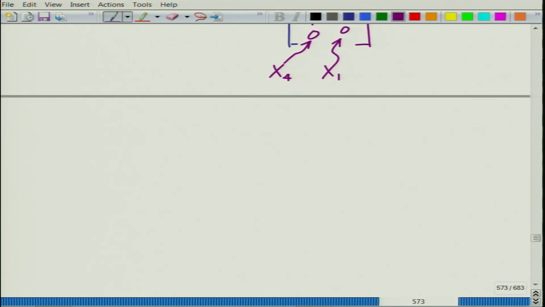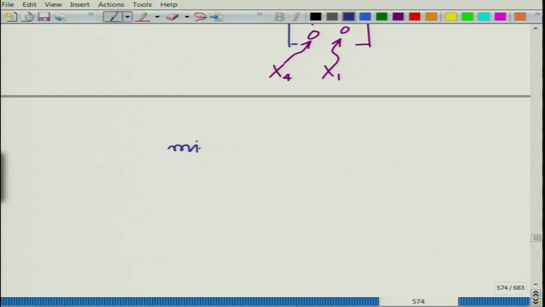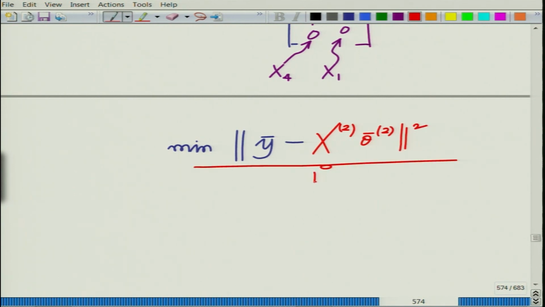Remember, finding the best possible approximation to y, norm of y bar minus x2 theta 2 whole square. So, now once again you solve the least squares problem, which you should be very comfortable with, because as I told you, this arises very frequently in all of linear algebra.